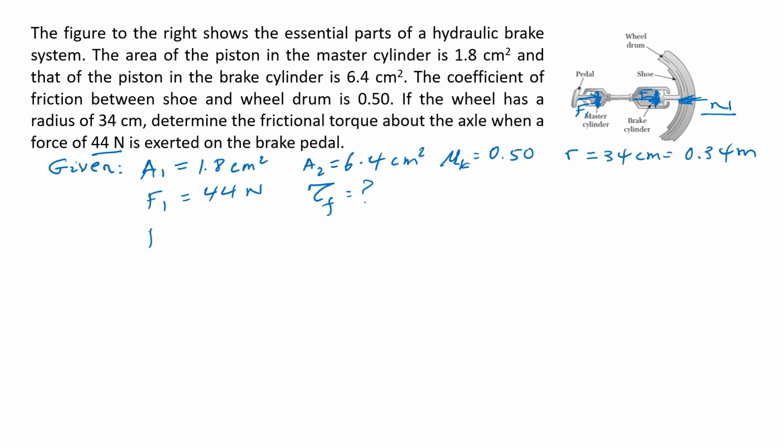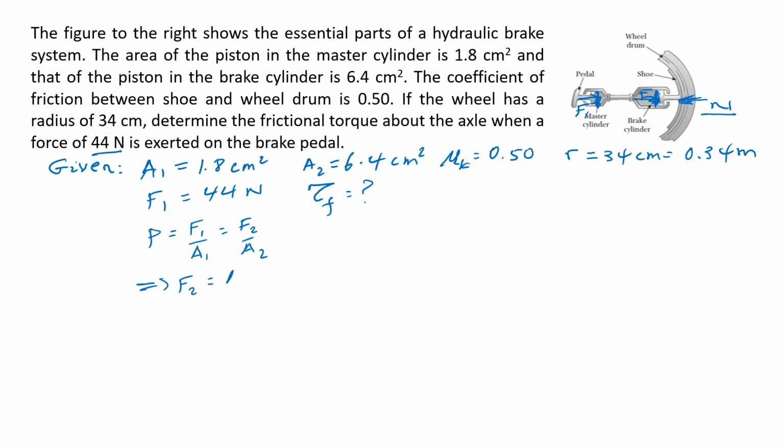So we know that this is a closed system, therefore pressure is constant. That pressure is equal to F1 over A1, and also equal to F2 over A2. Pascal's principle.